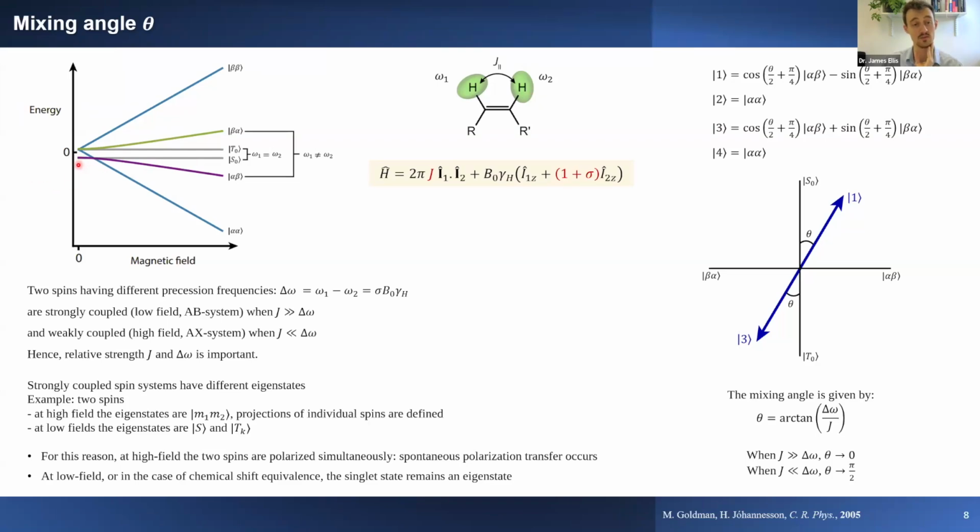At zero magnetic field, the protons become indistinguishable, and so of course the singlet triplet states would describe the system. And as we increase magnetic field, we increase the relative size of the chemical shift difference, and at some point you see these states diverging, and we've entered this Zeeman regime.